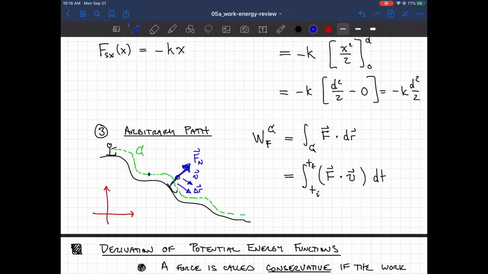So at this moment in time, there's a position vector that comes from some coordinate system, that's r of t, and then the derivative of that position vector is what we call v of t, and that thing is what goes inside of the work integral here. So that's the precise statement of how to calculate the work for a generic force on a generic path. But as I said, we're not really going to do that at all.